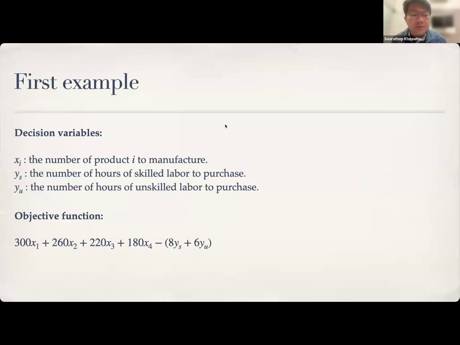So look at the decision variables, okay? Sorry that we don't have time to look at the solution from each group. So for decision variables, we have the number of product i to manufacture, Xi. So we have X1, X2, X3, X4, right?